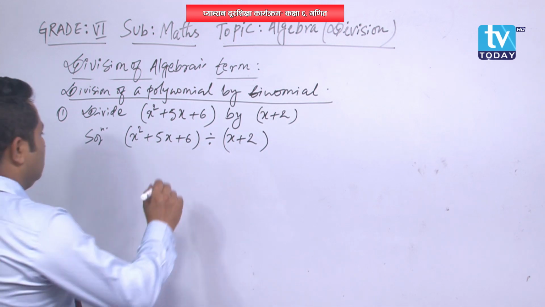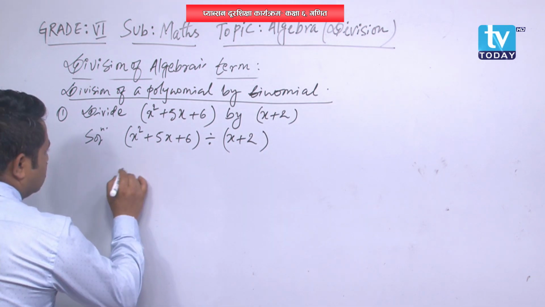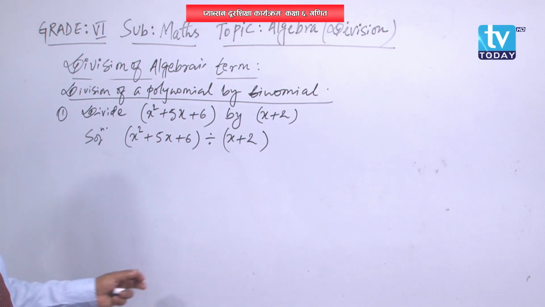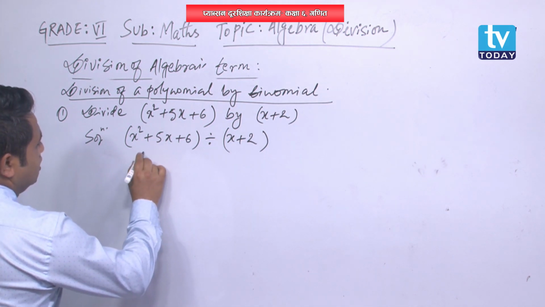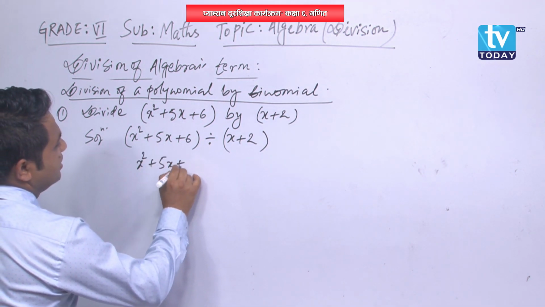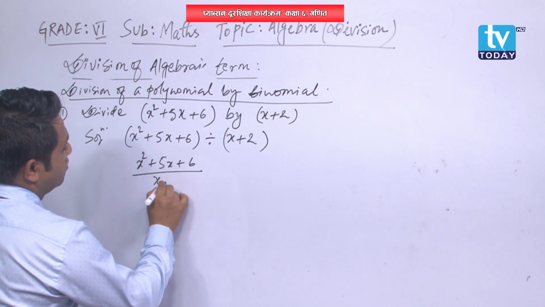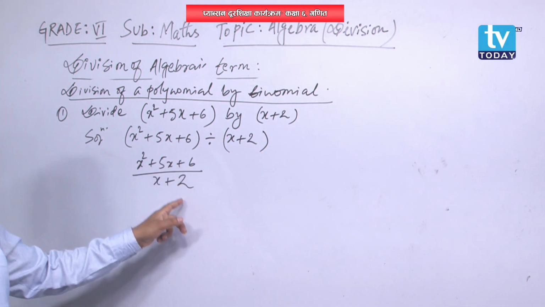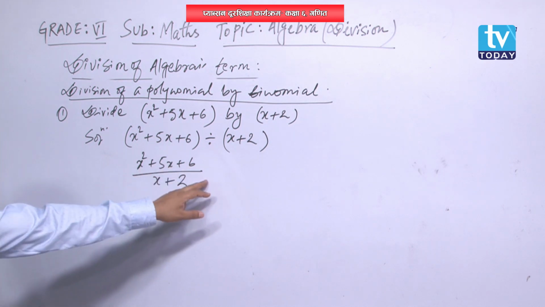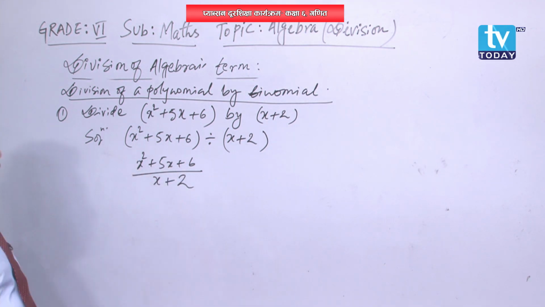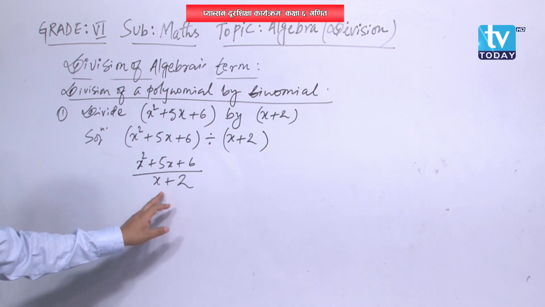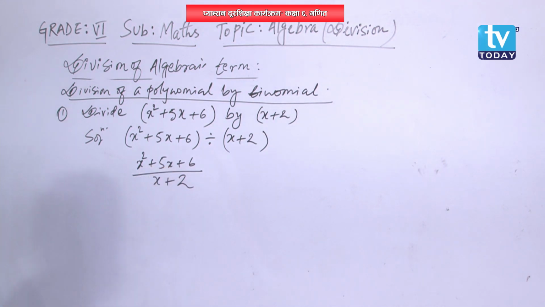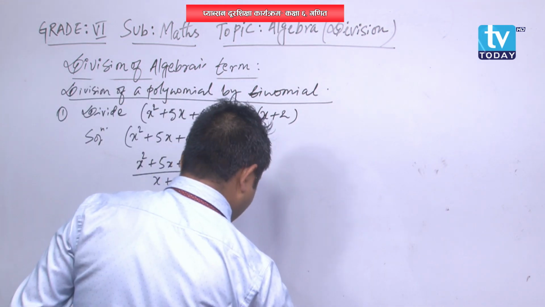So suppose if we follow the previous method, like x square plus 5x plus 6 upon x plus 2, it will be like this. So we cannot find the solution directly. So we have to do division. How to do division? Please see here.